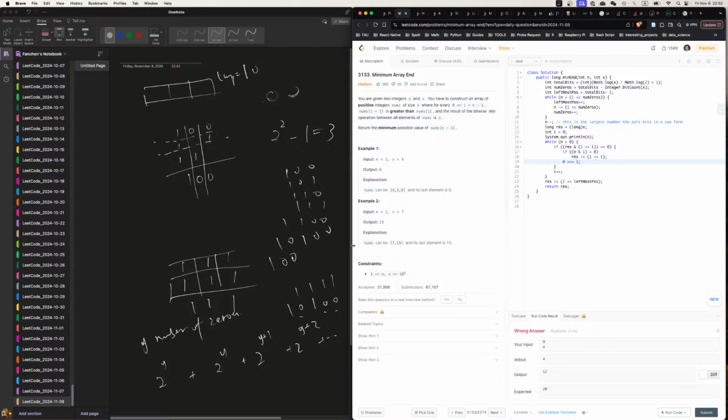So 9 minus 4, n becomes 5, right? N becomes 5. A leftmost position will move to here. Num zeros plus plus. That is not right. That is not right.